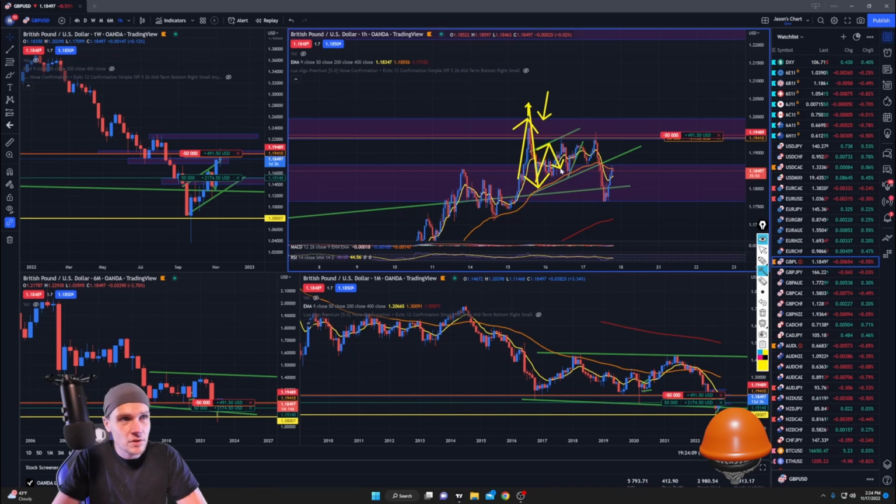Then we started making a flag back up into this same box that we got rejected hard from. So I thought, okay, this will be the second retest of this area.